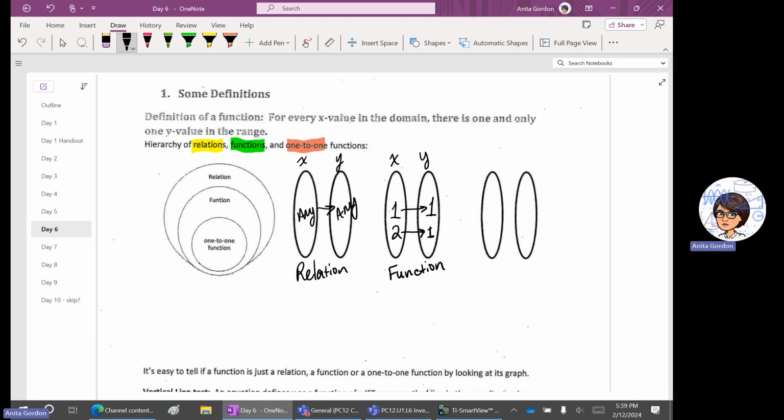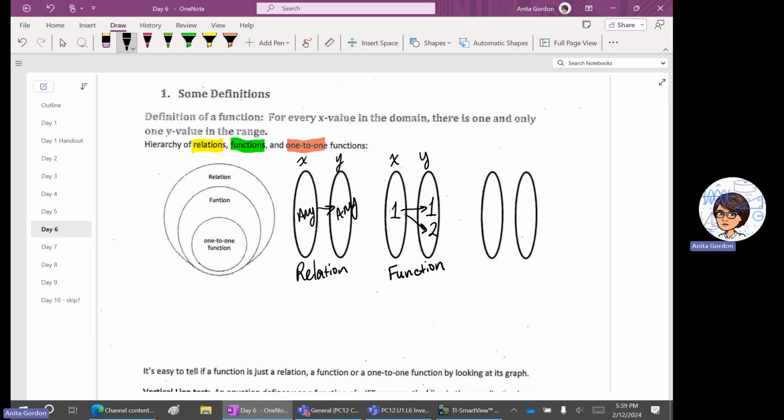It's okay if a different x produces the same one, but what we can't have is something like 1 producing 1 and 2. So from every x, we can only create one y. The y's don't have to be unique, but they do have to be singular. That's what we call a function.